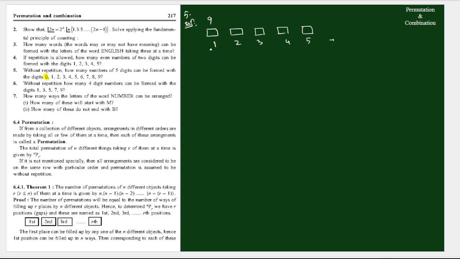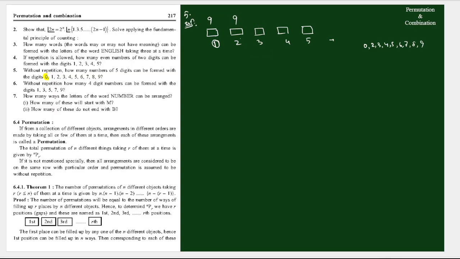Say you have taken 1, now the remaining are 0 2 3 4 5 6 7 8 9, one is used. Here you can also have 0. So how many are there now? 1, 2, 3, 4, 5, 6, 7, 8, 9. So the second place is also 9.